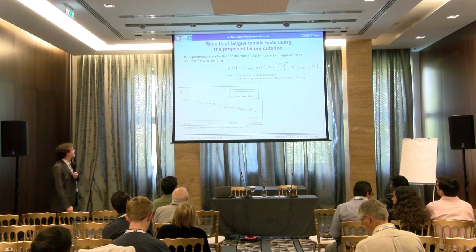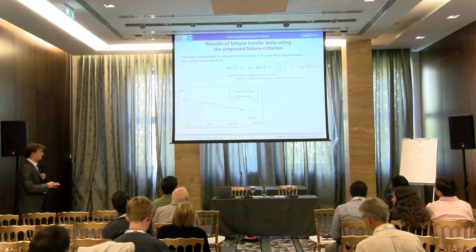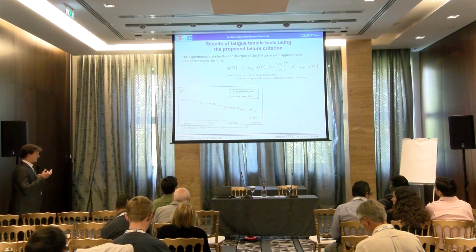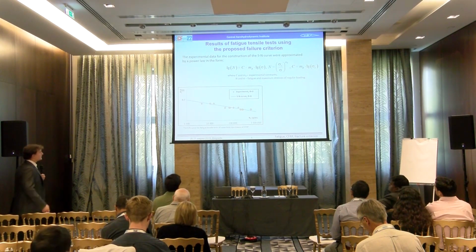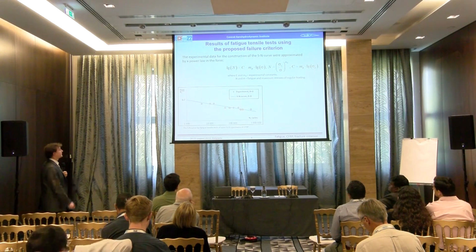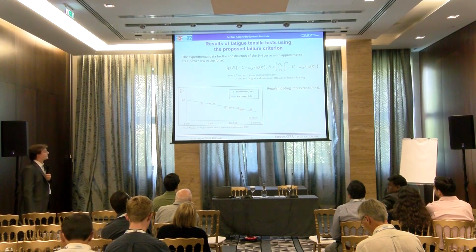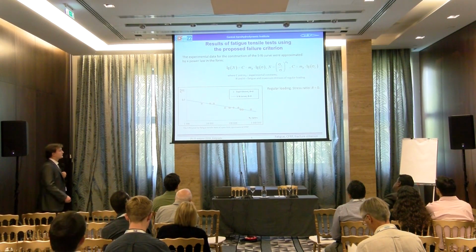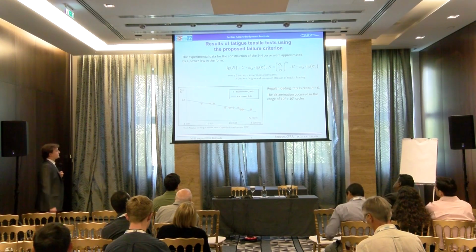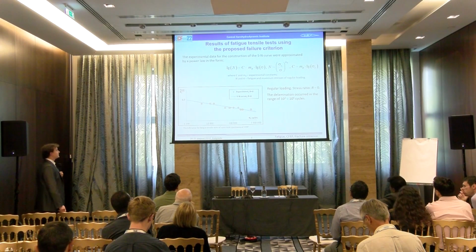Here is the data obtained. It was a special separate experiment, where the points are experiment and the line is the SN curve; it was regular loading. The stress ratio, of course, was 0 in tension, and the delamination in this case occurred in the range of 1,000 to 1 million cycles.